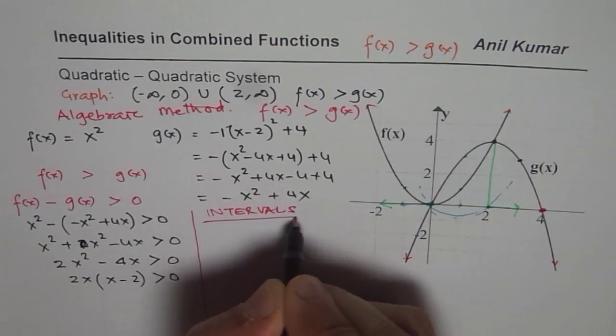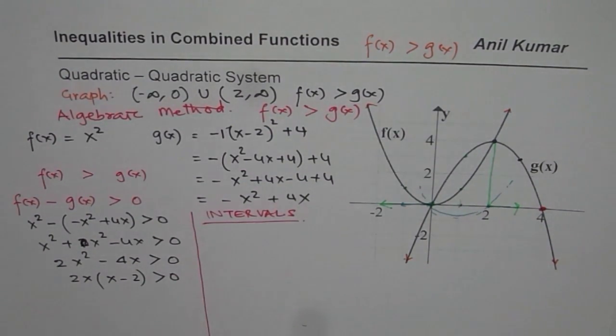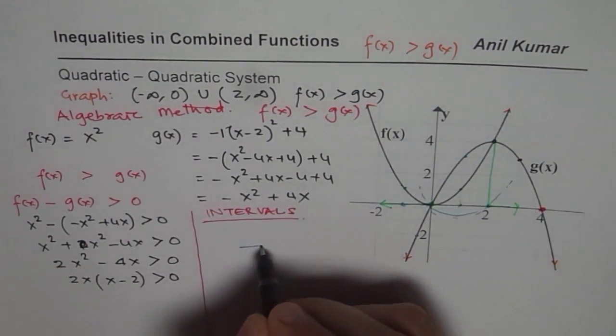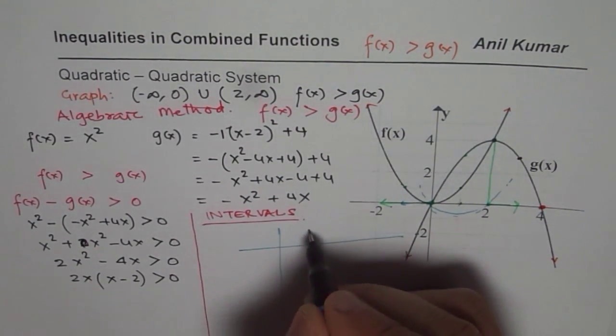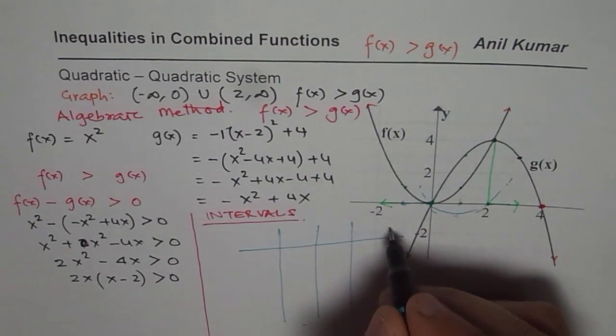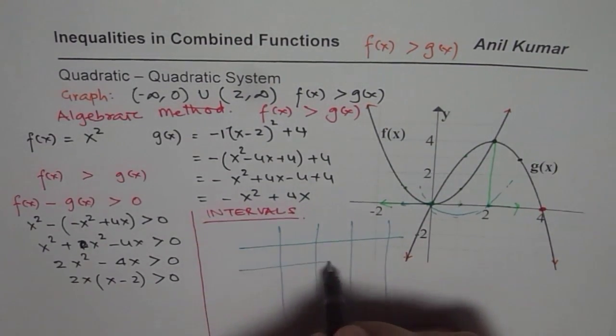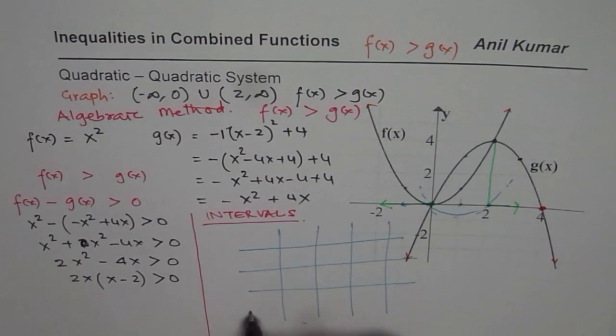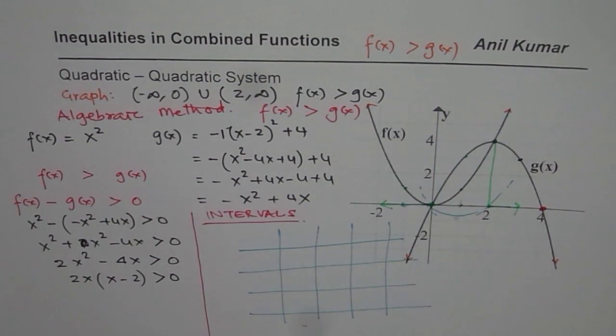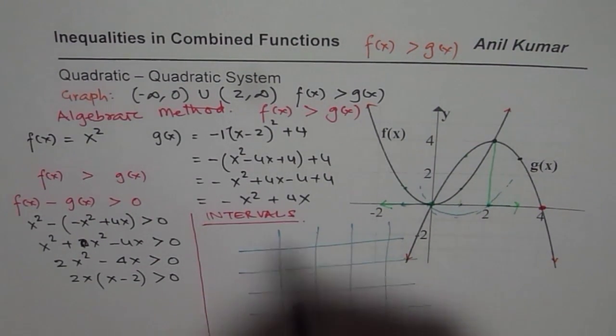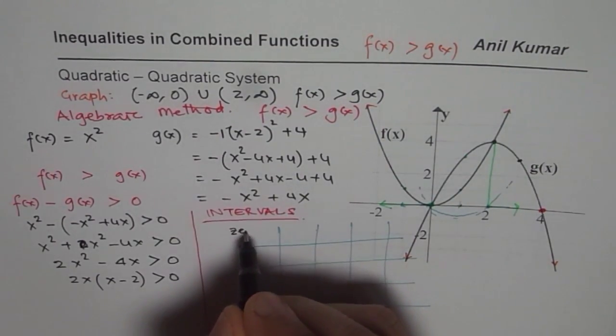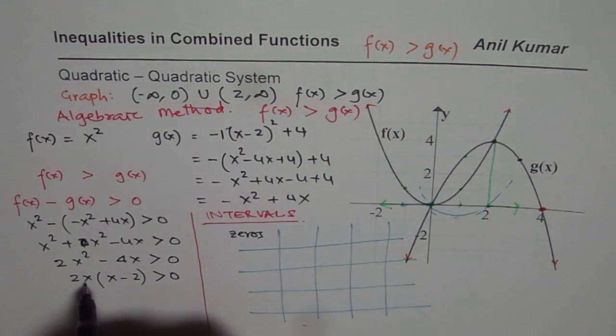This is a very popular method used for solving inequalities. In this method, we make a kind of table of values, right? We analyze the intervals which are formed because of the zeros or discontinuities at times. In this particular case, we have zeros at 0 and 2.